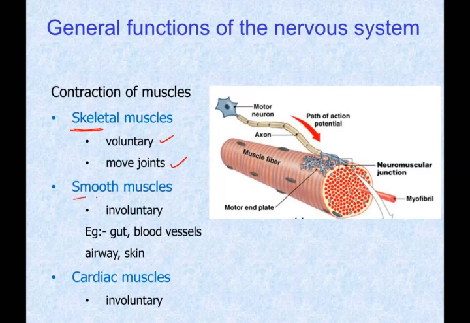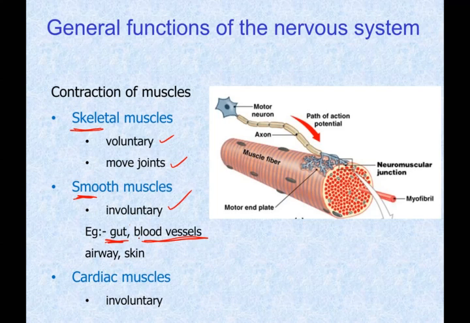So the other type of muscle is the smooth muscles. It is involuntary, so it is supplied by either sympathetic or parasympathetic parts of the nervous system. Involuntary part of the nervous system we'll get back to in a short while. And these smooth muscles, which are involuntarily controlled, are found in the gut, blood vessels, and all other internal organs like your respiratory tract, urinary tract.